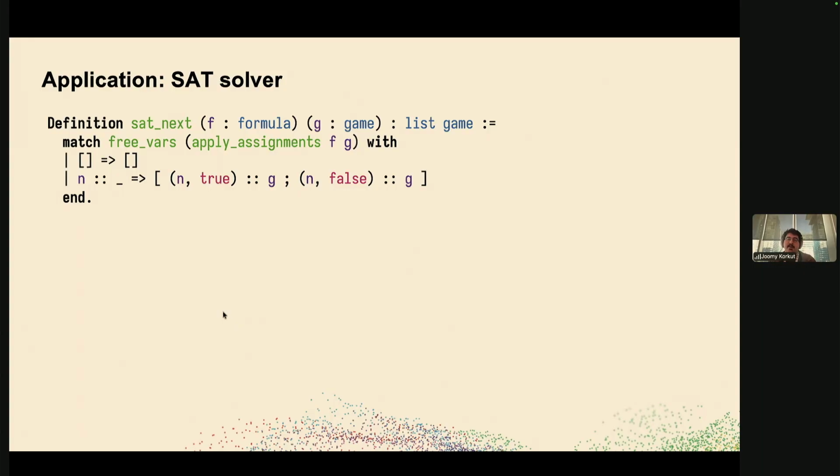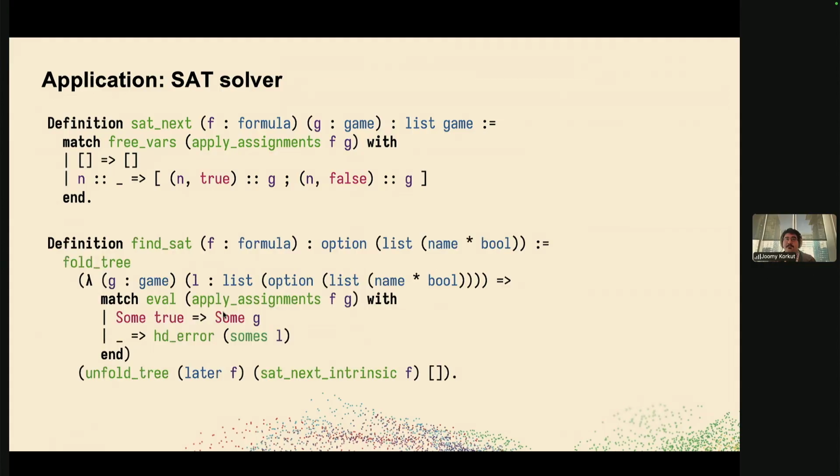Once we prove that such an assignment actually decreases the number of free variables in a formula, then we can fold that tree and find a set of assignments that make the formula true, and that is all we need to have a SAT solver. In the paper, we also have a short discussion of efficiency concerns and more clever search methods over the game trees that we built.